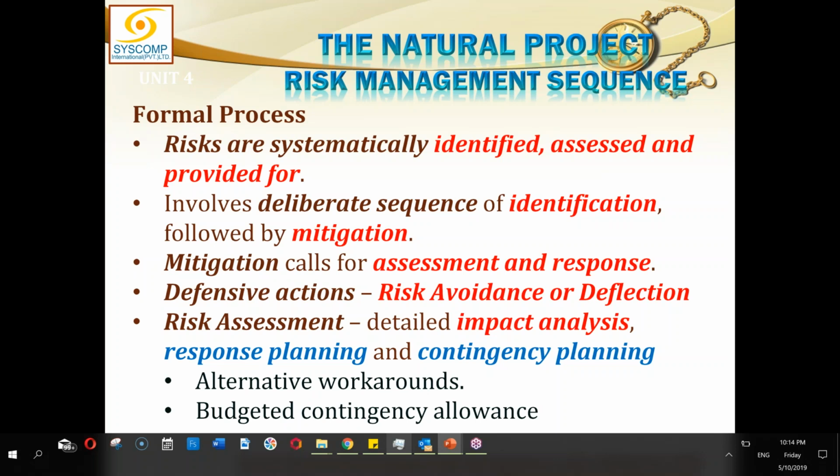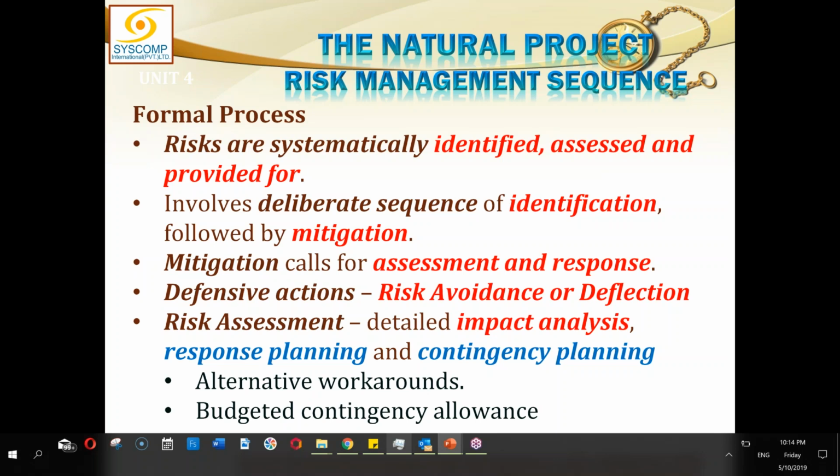Although being proactive, we can come up with the workarounds along with the contingencies we are developing, but a workaround is something which is done after the risk has occurred. So we can suggest certain workarounds, but it is not the responsibility of project risk management to implement those workarounds. Workarounds are like the plan B for doing something.